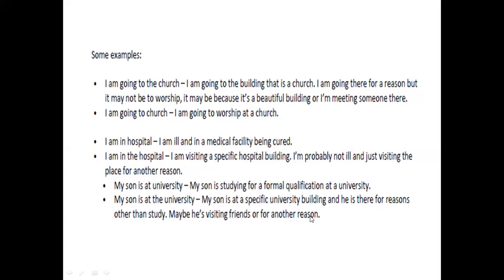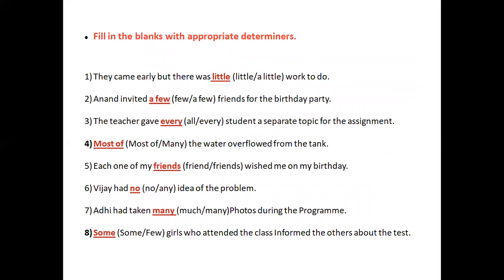So here we are not specifying anything. It was just said in general that I'm going to church, I am in hospital, my son is at university.